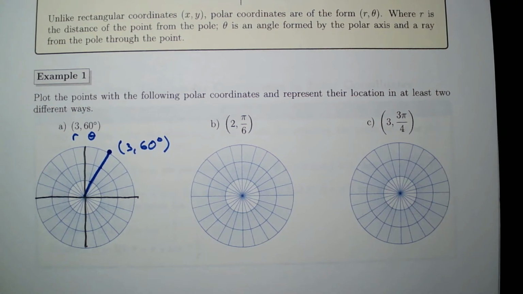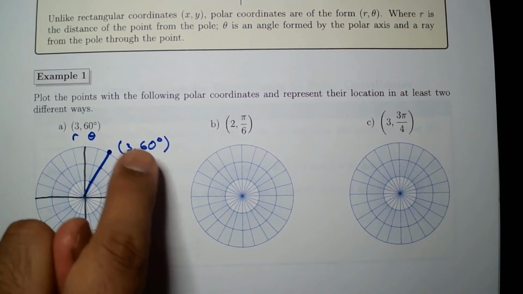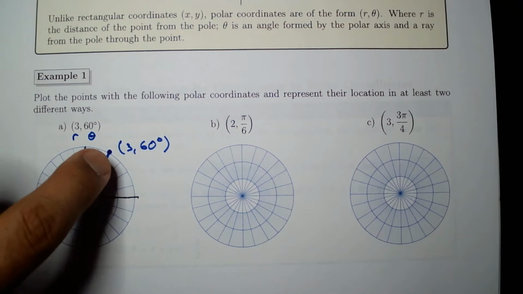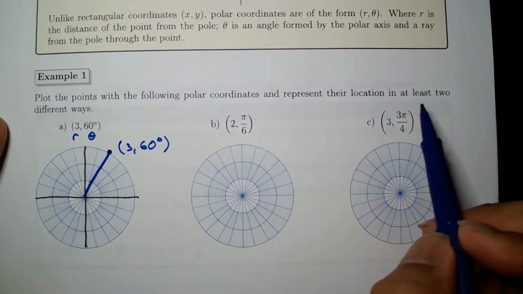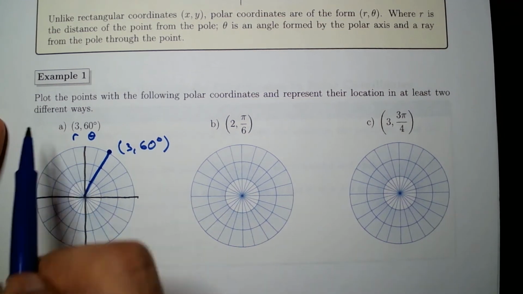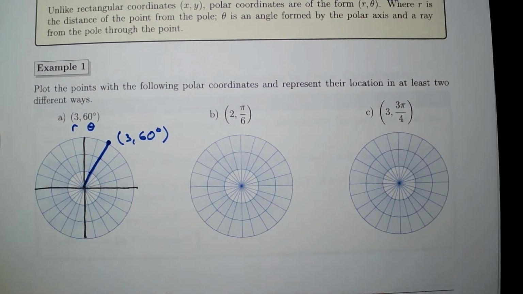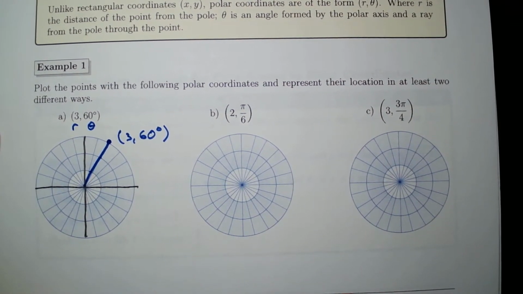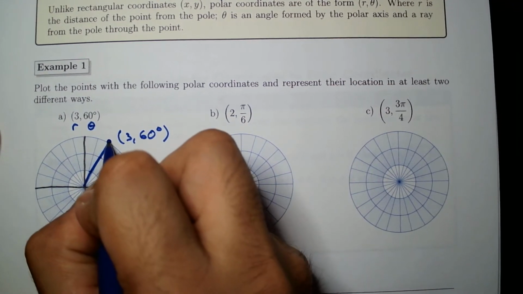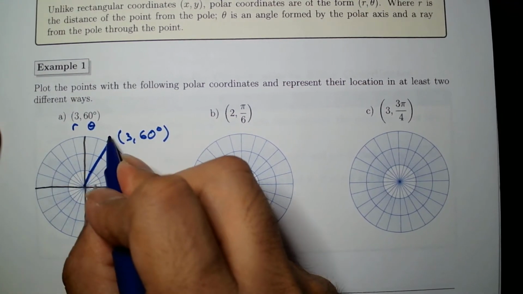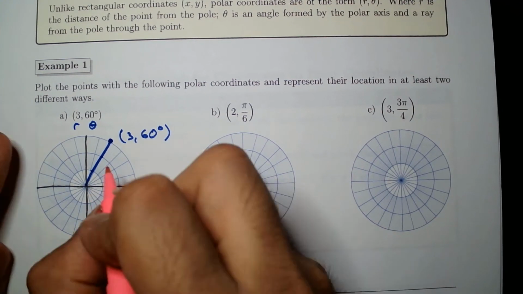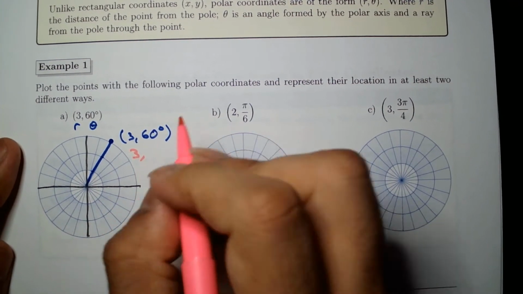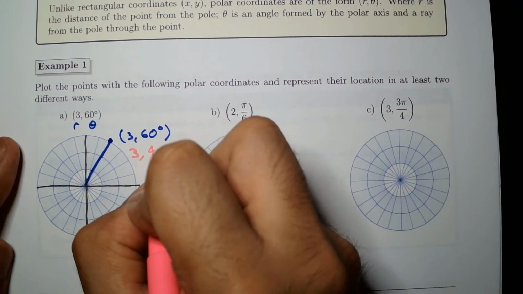Now, keep in mind that the angles are periodic, so these representations are not unique. That's why we can express this in different ways. For example, if we add 2 pi, one more rotation, another way to say this is 3, 420 degrees.